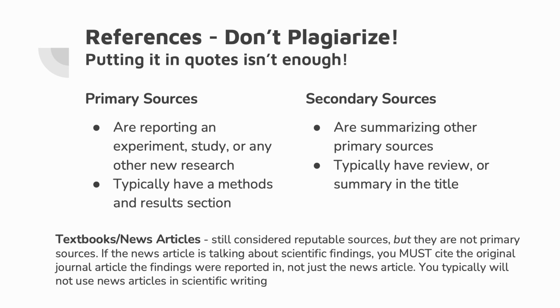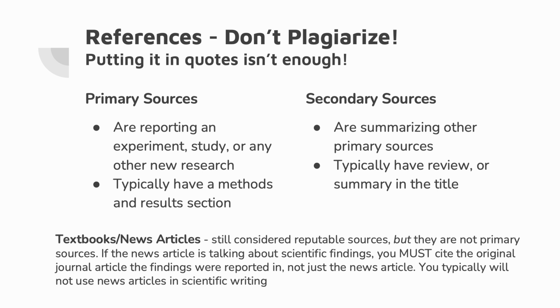So you must use in-text citations, and you must paraphrase what you have found and write it in your own words with an in-text citation at the end or beginning of the sentence. You can say something like, this author, parentheses, date, said that blah blah, or found that blah blah.